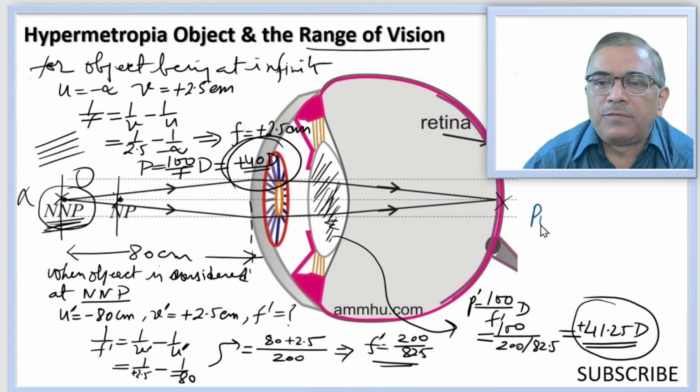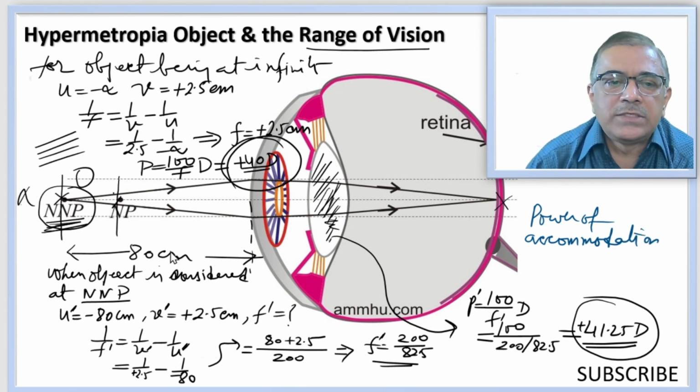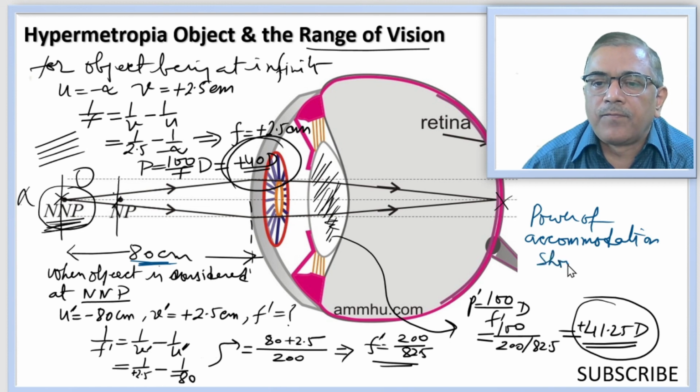So the power of accommodation in the case I have considered should be plus 1.25 diopter. Is that right?